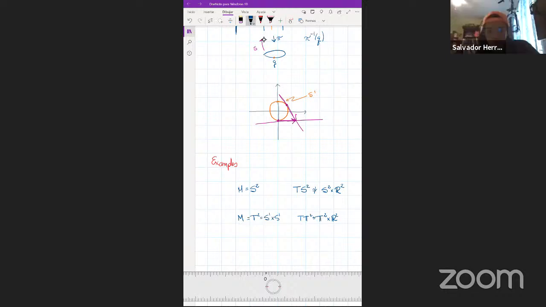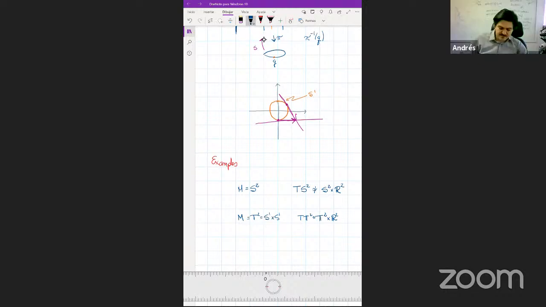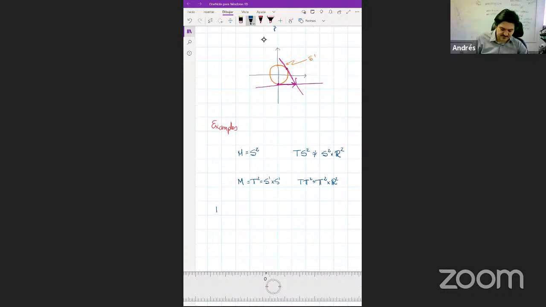How is the torus a Lie group? Right, because so the torus, so the whole idea, S1 is the unit vectors. So we have the complex product.